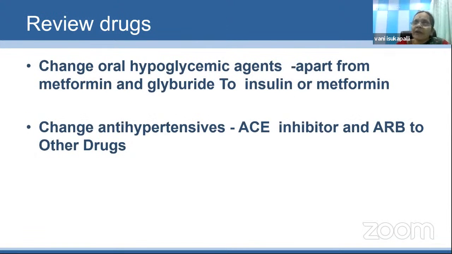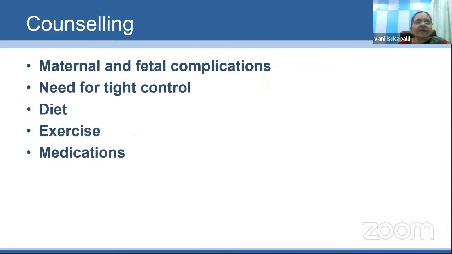And reviewing the medication: if she is taking oral hypoglycemic agents apart from metformin and glyburide, better shift to insulin or to metformin alone. If she is using antihypertensives along with OHA, if she is using ACE inhibitors or ARBs, we have to remove them and shift her to other antihypertensive drugs.